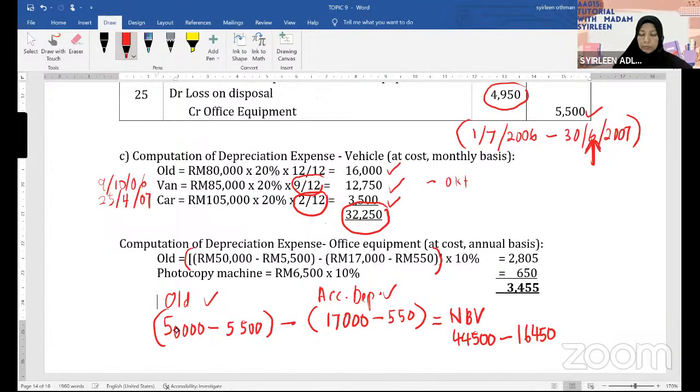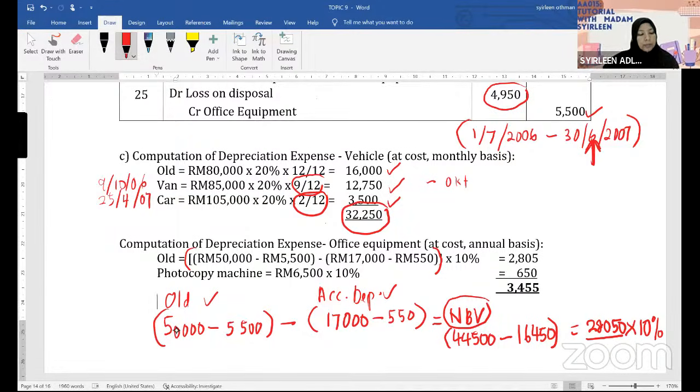Untuk aset yang lama, the book value is 28,050. So kalau saya nak kira depreciation, nilai ni madam akan darab 10%. Sebab I am supposed to find the net book value kan? So this is my net book value calculations. So dapat 28,050 ringgit. So darab dengan 10%, saya dapat depreciation expense untuk the old equipment.